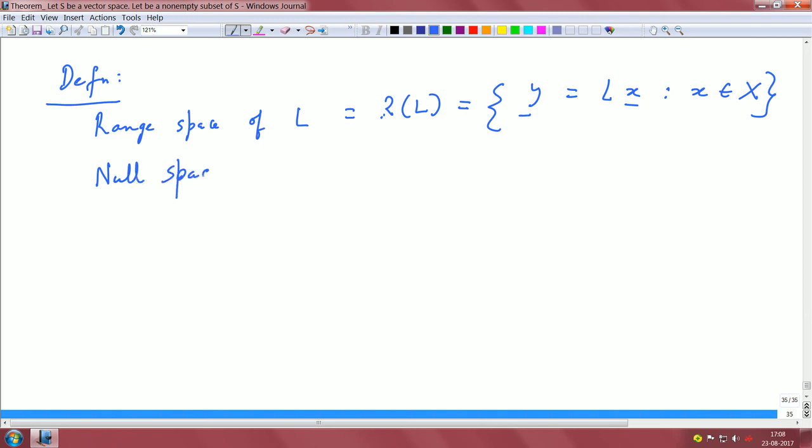Similarly, we have something called the null space of this transformation, denoted by N of L, which is the set of all x belonging to X such that Lx is this 0 vector.